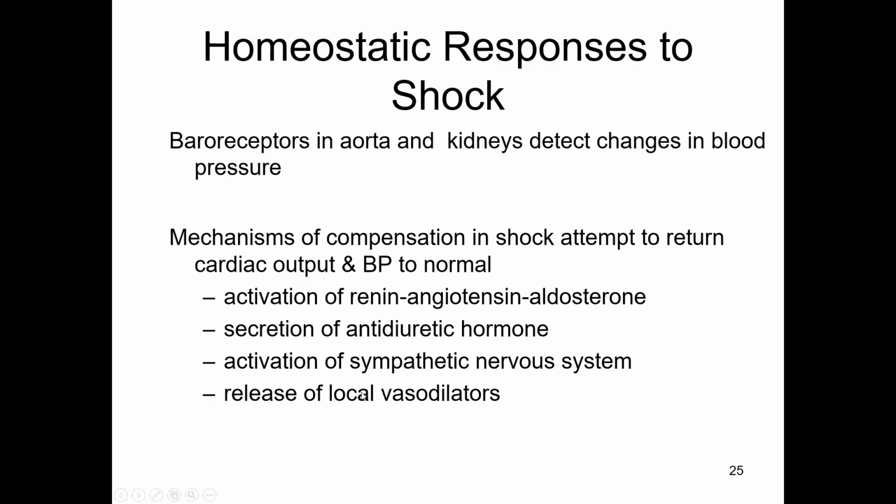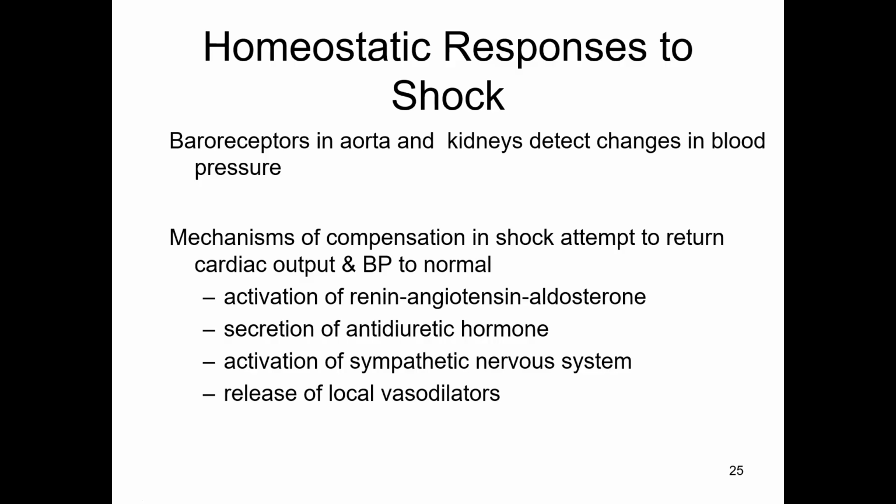We don't talk about this a whole lot, but this is just a sideline event. Individual organs, when they have lower than normal oxygen and nutrient delivery, release local vasodilators that initially increase blood flow to these organs.